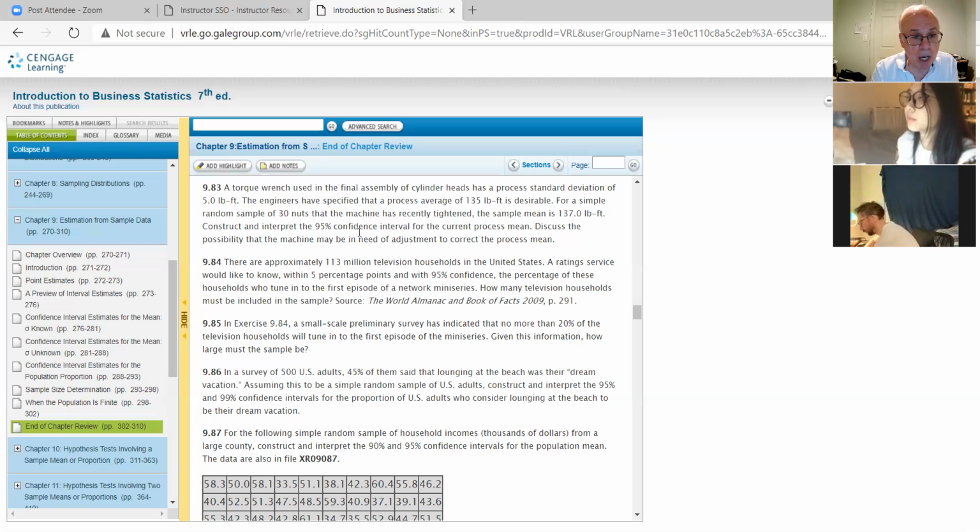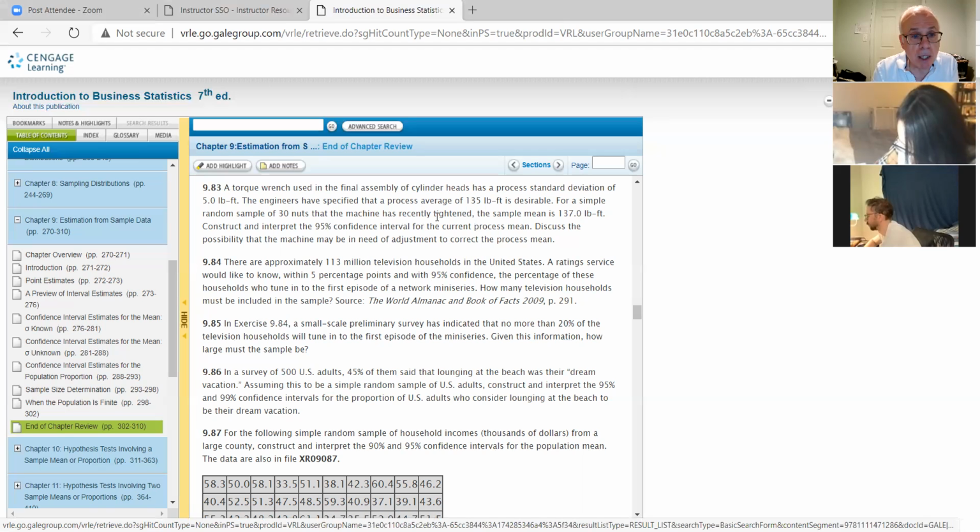You're supposed to construct a 95% confidence interval for the current process mean, the population mean. They're anticipating a process average of 135, right? They got 137 as the sample mean.